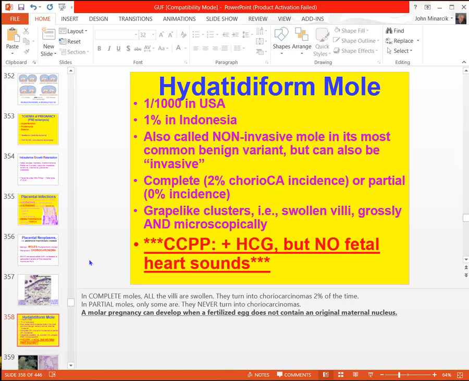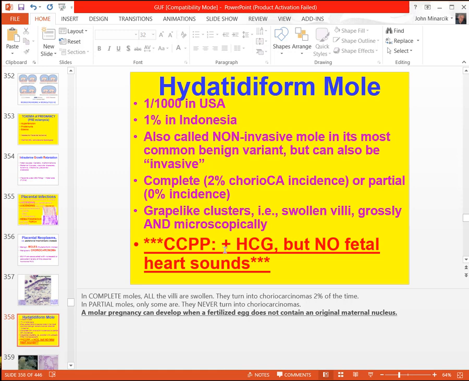How do you know a woman has a mole? Well, she's pregnant, so she has elevated HCG. And she's most likely in maybe the first or second trimester, okay. But usually, you could hear fetal heart sounds even in earlier pregnancy. I mean, not really early, but certainly by the age for a hydatid mole.